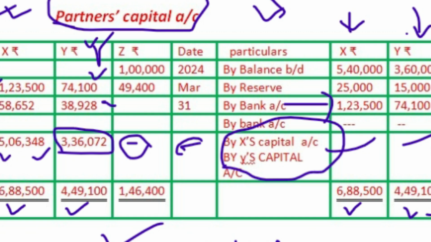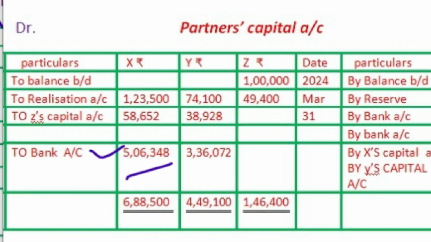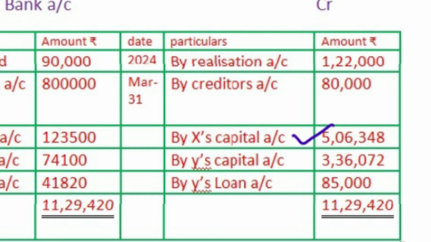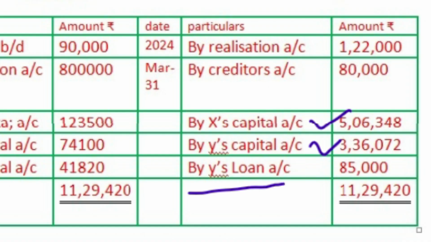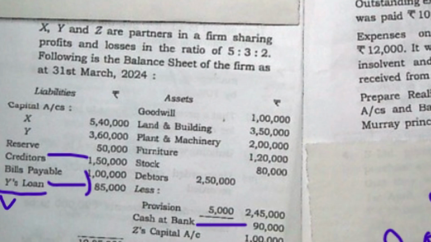I am talking about this amount, 5,06,348, and 3,36,072. And Y's loan account is directly paid from the bank account. This Y's loan account 85,000 is given in the question. It is directly paid from the bank account.